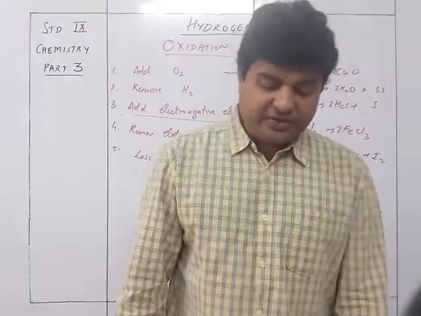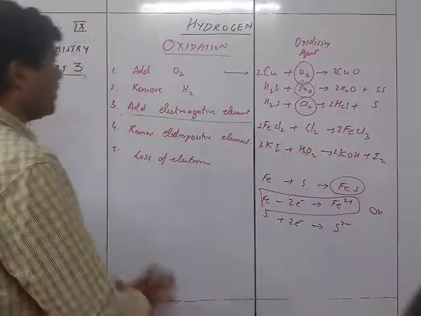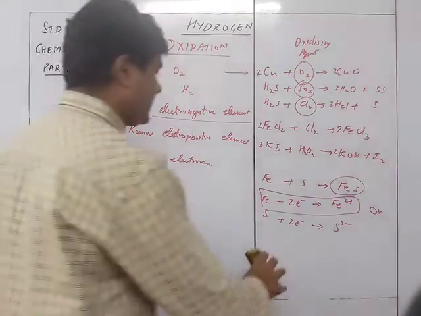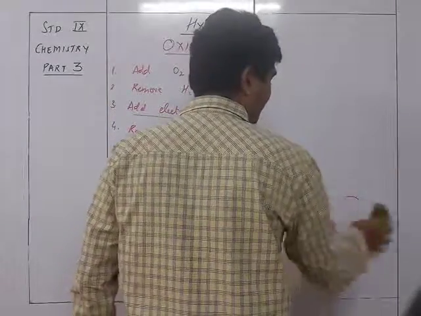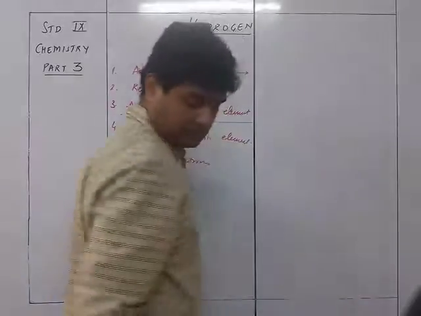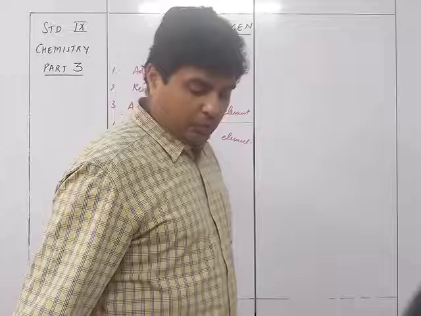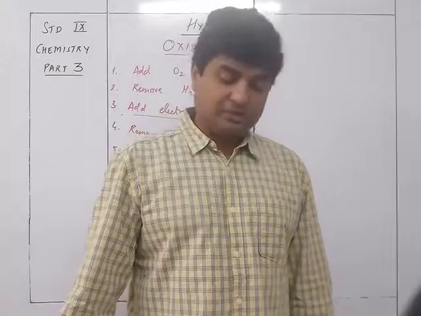Now let's see the reducing part. In the case of reduction, it is exactly opposite to all this. I'll write it over here. Reduction was first used for the reaction in which oxygen was removed from a substance.